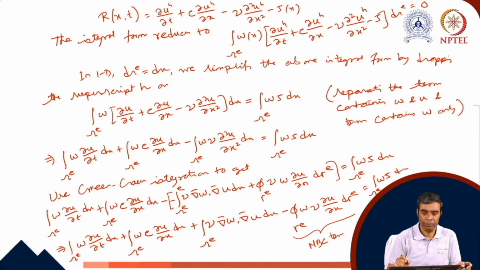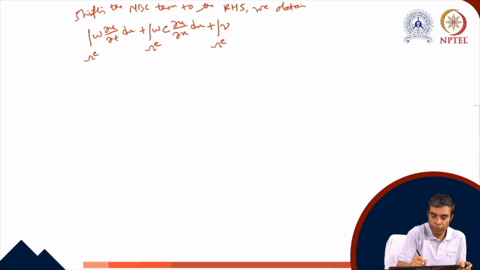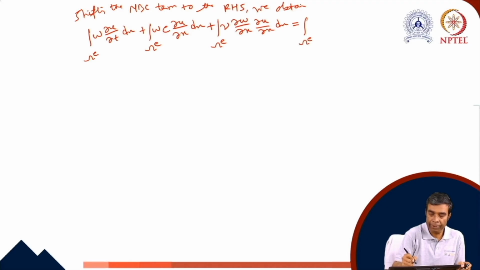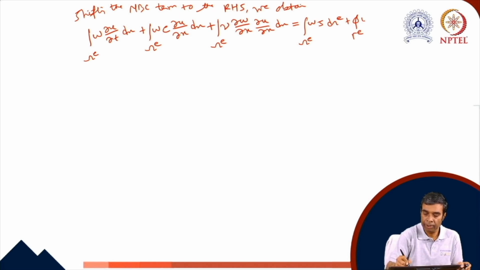In one dimension, we can write it as nu into del w del x into del u del x dx equals the source term portion, integration over omega e w s d omega e plus boundary integral along gamma e w into nu del u del x.